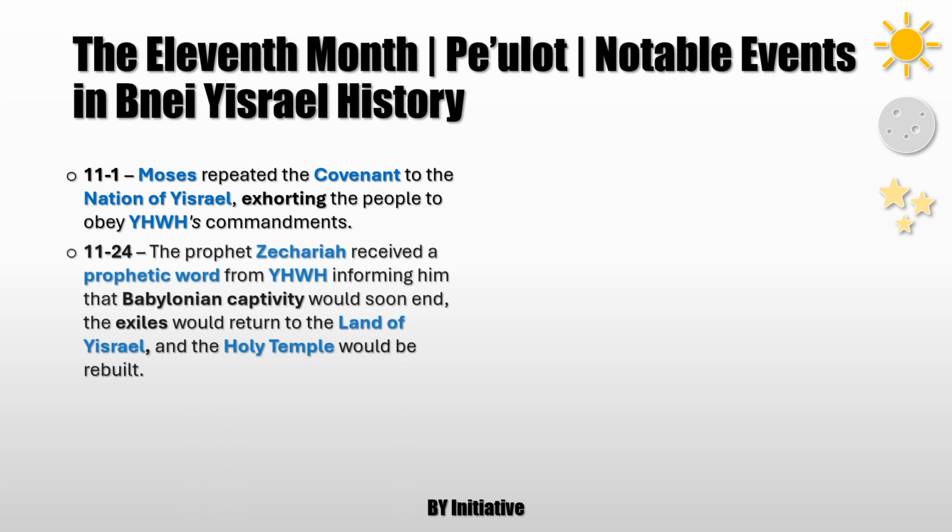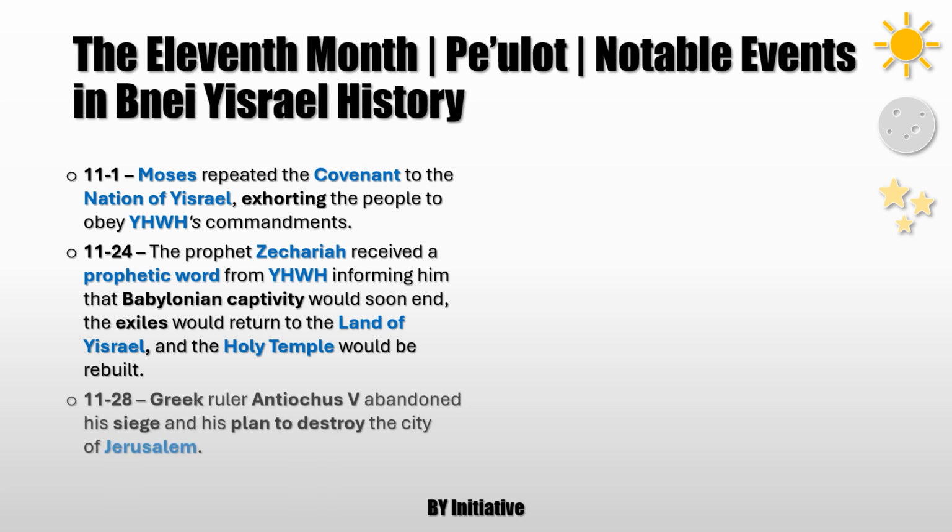On the 24th day of the 11th month, the prophet Zechariah received a prophetic word from Yahweh, informing him that the Babylonian captivity would soon end and that exiles would return to the land of Israel and the Holy Temple would be rebuilt. On the 28th day of the 11th month, the Greek ruler Antiochus V abandoned his siege and his plan to destroy the city of Jerusalem.